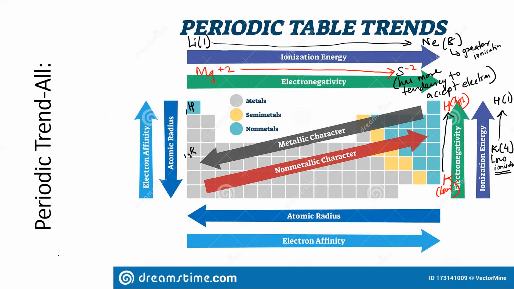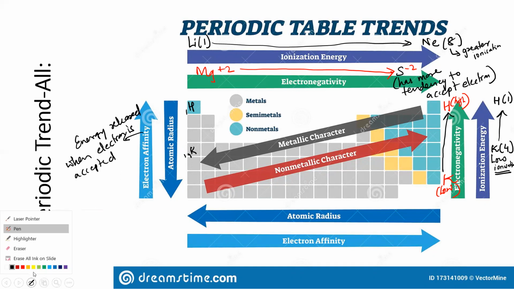Right. Now, these were the most important points that we had to know. Electron affinity is technically the energy released when an electron is accepted.